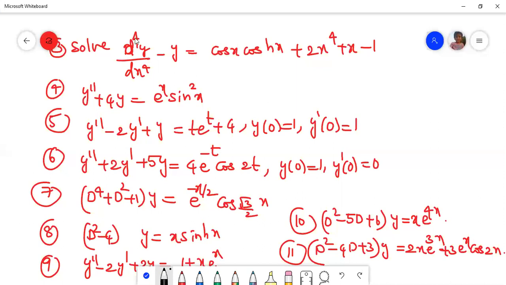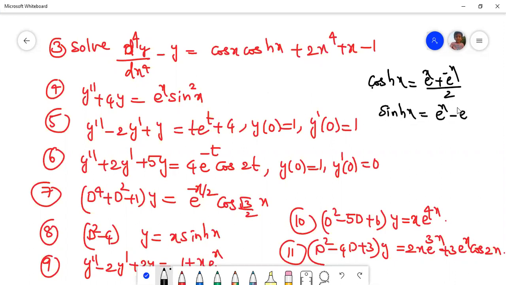Here the third one is d⁴y/dx⁴ - y = cos x cosh x + 2x⁴ + x - 1. Here we know that cosh x = (e^x + e^-x)/2 and sinh x = (e^x - e^-x)/2.